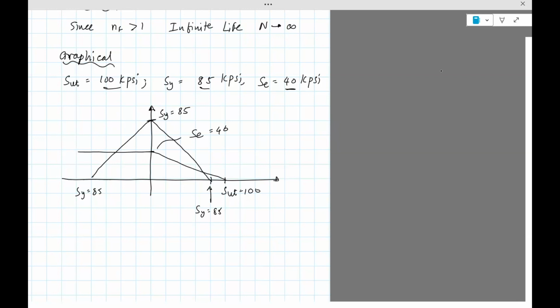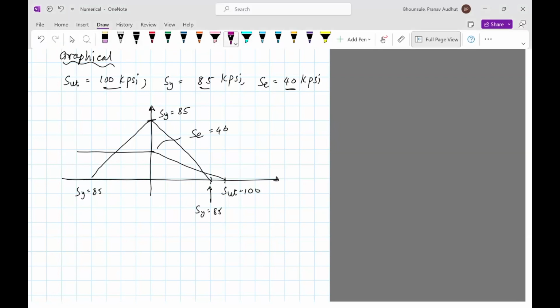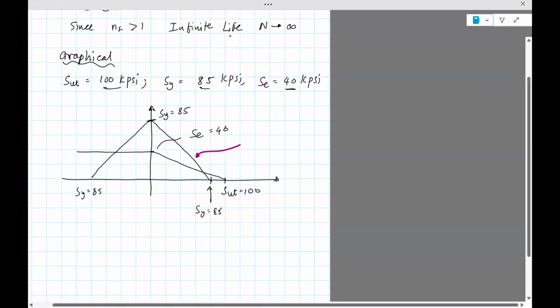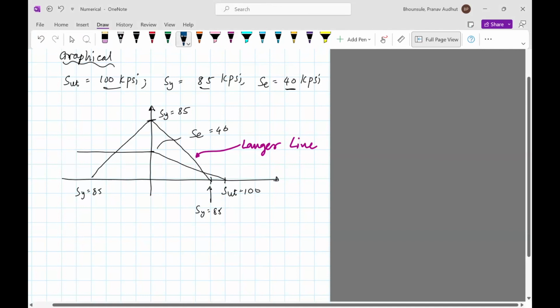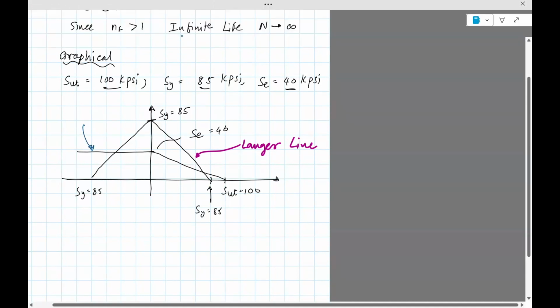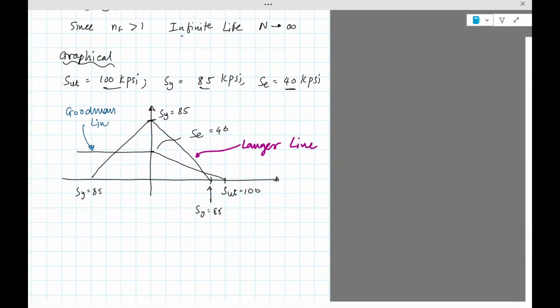And then it just goes flat. Goodman line. Draw it with a different color.